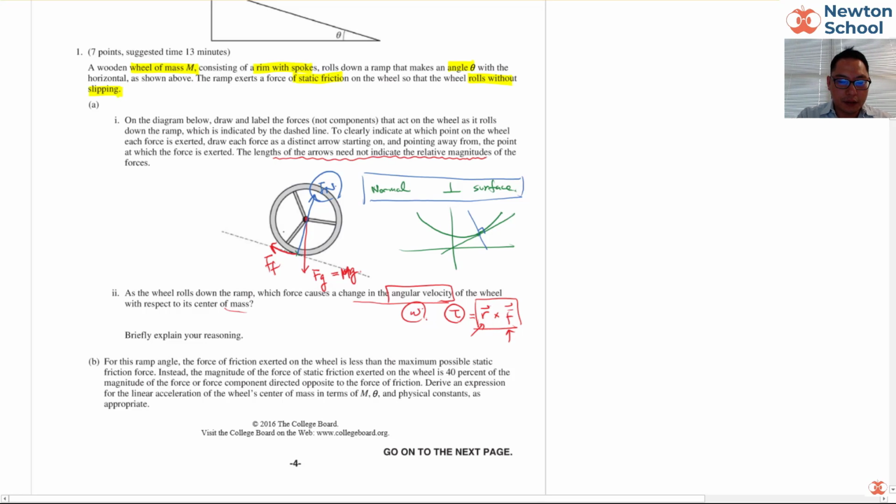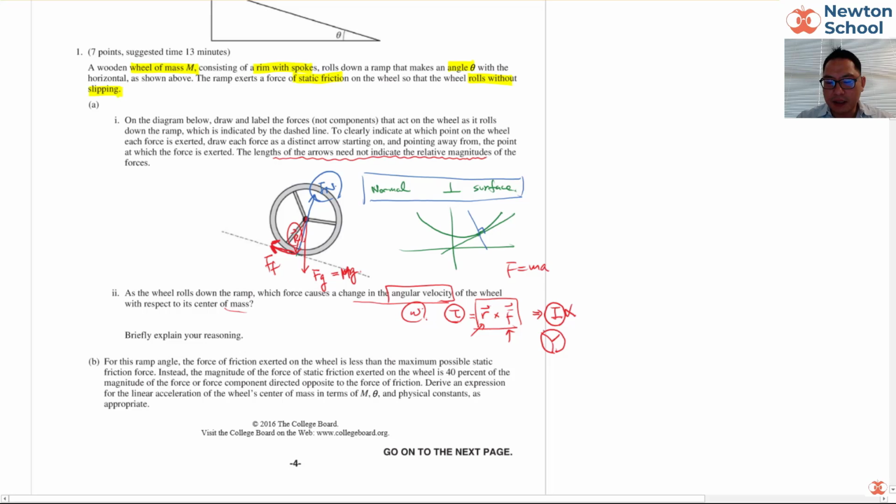This is the force, and this is the r vector to generate the torque. Remember, F equals ma, torque is I alpha.